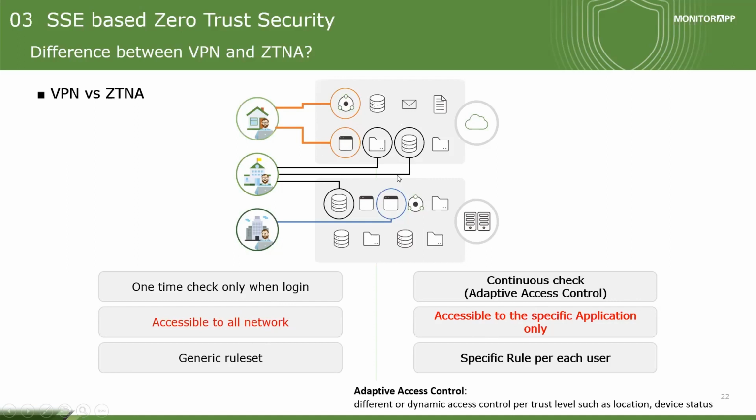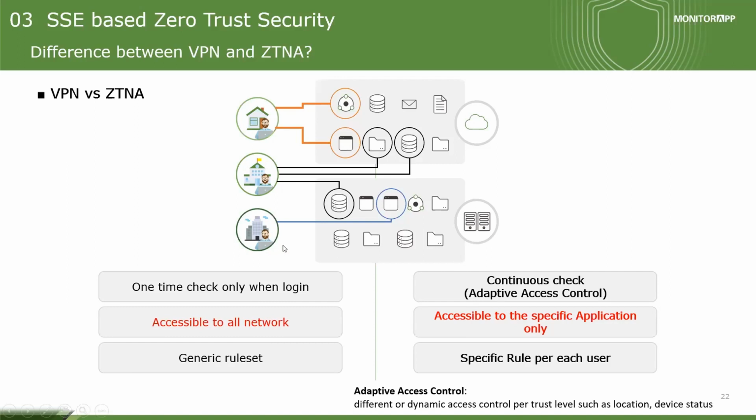So here is an example image. If you access the VPN, then you can ping all of the resources, but in GTNA, even if you know the IP address of another resource, it's impossible to ping. Only the allowed resource is accessible. So this is the biggest difference.